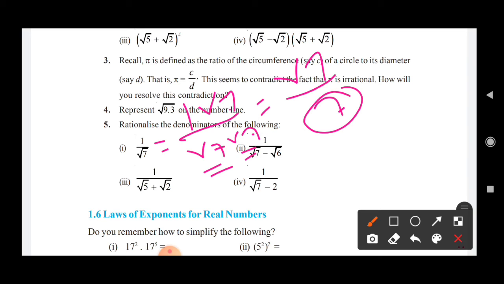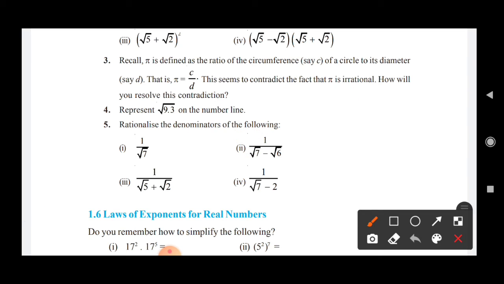Now next move to question number 2. You can see here root over 7 minus root over 6, here is a minus. So you have to multiply this term with another term having plus.